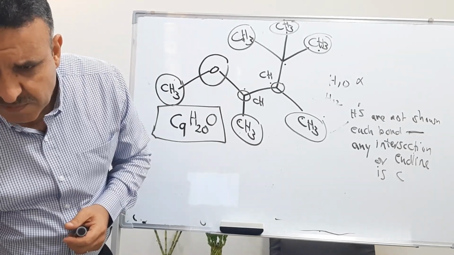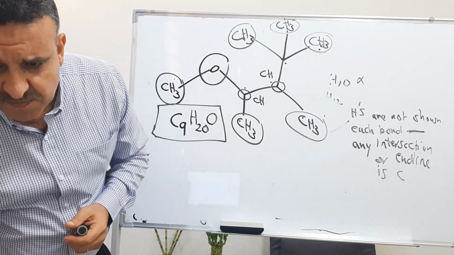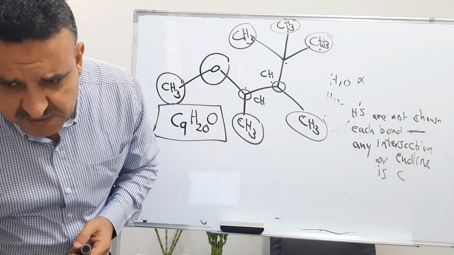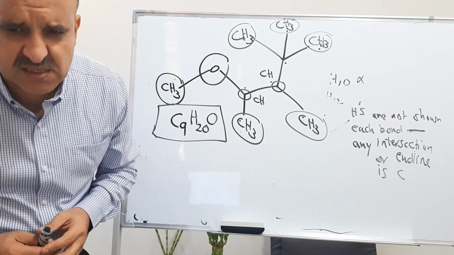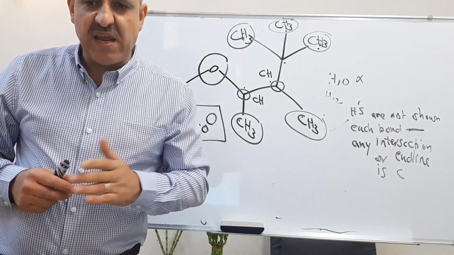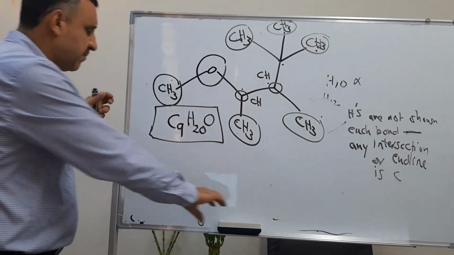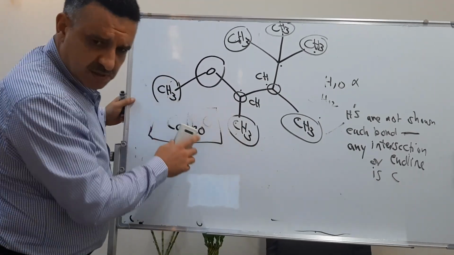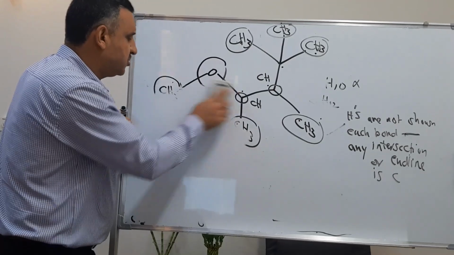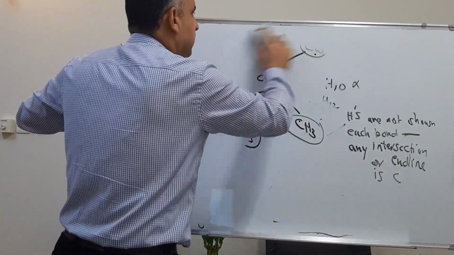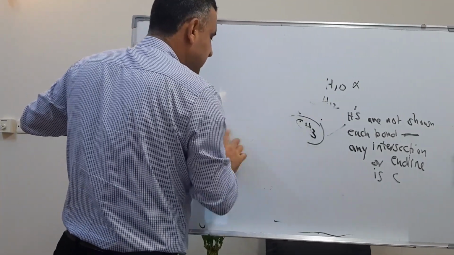Now, for the names of the straight chains, you have in the table here, on slide number 13, the names of the straight chains of alkanes, starting from carbon number 1 to carbon number 30. You must know and memorize these names.